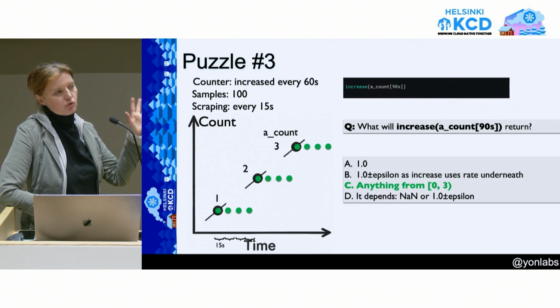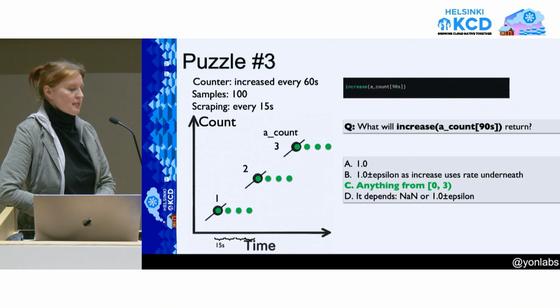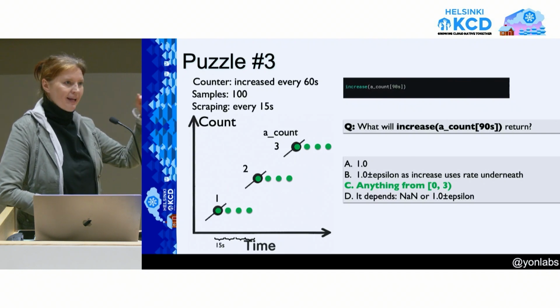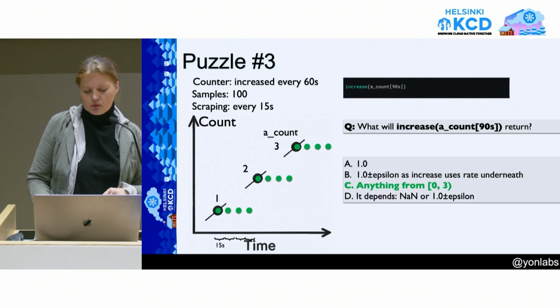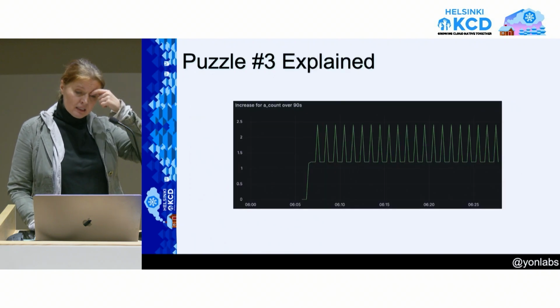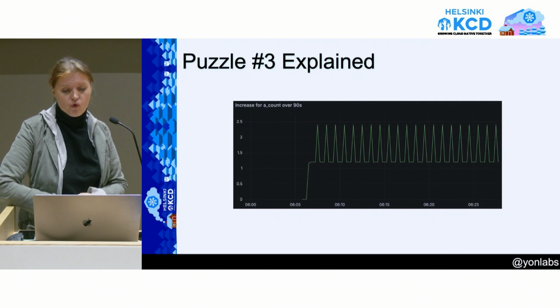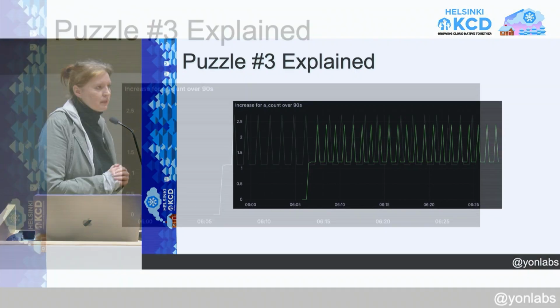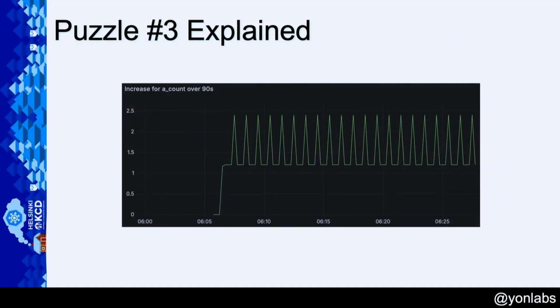So we have 4 samples which are exactly the same for each value, more or less. So it's kind of stairs. And that's how the graph rendered by Grafana looks for those increases.